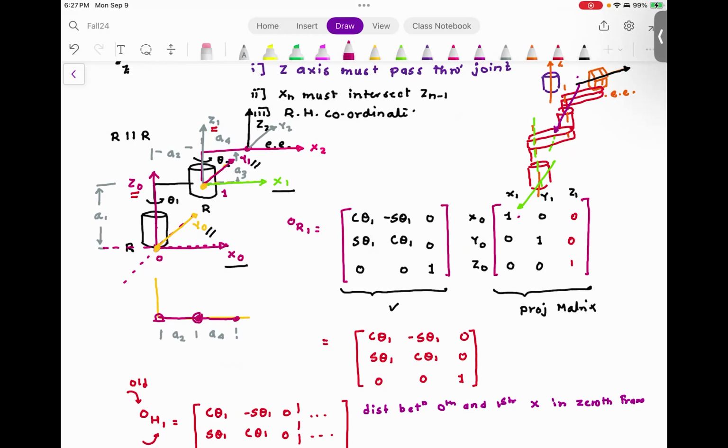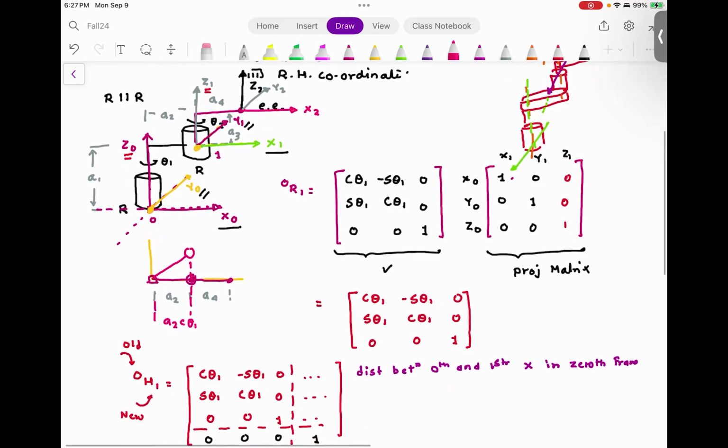But this relationship is valid when theta 1 is 0. If theta 1 is non-zero, something like this, the relationship is going to be A2 cosine theta 1. Do you agree with me?